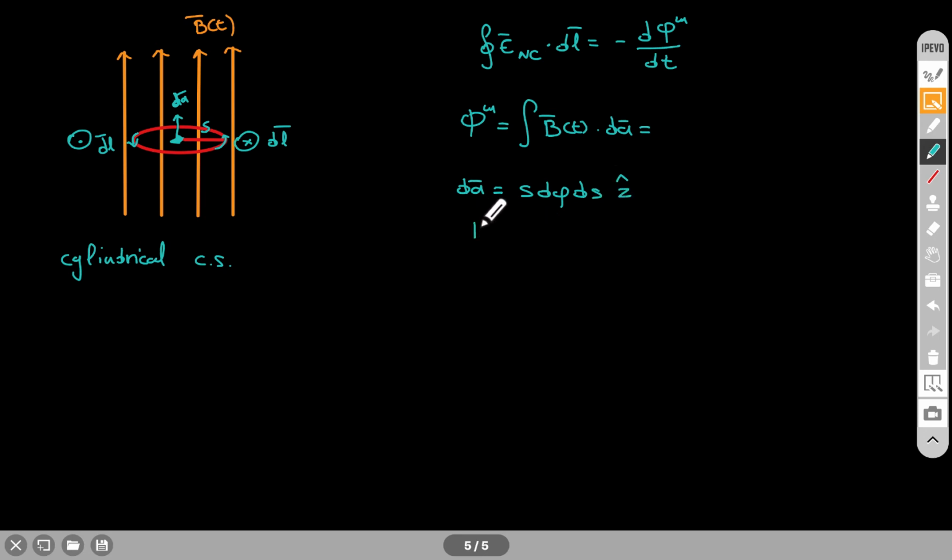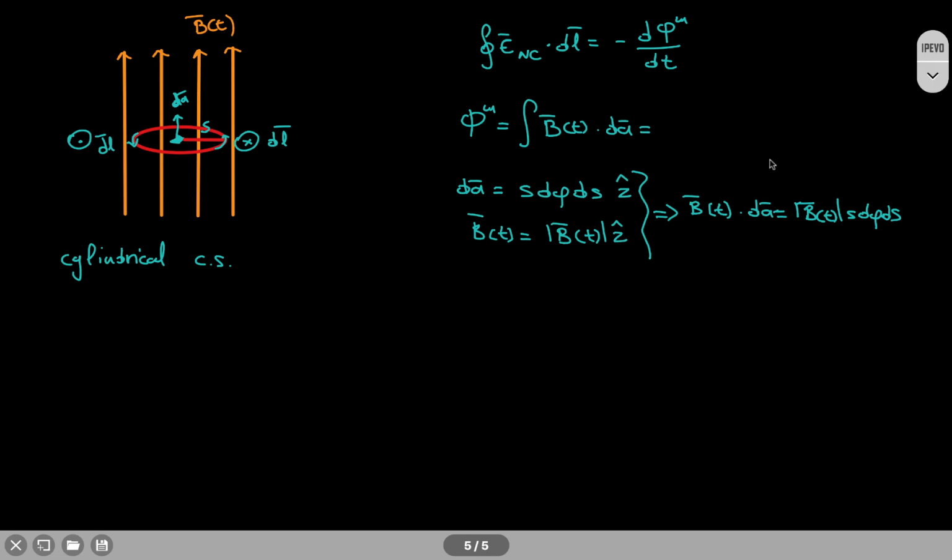Now my magnetic field also points in the z hat direction, and this means that the dot product is the strength of the magnetic field times S dphi ds.